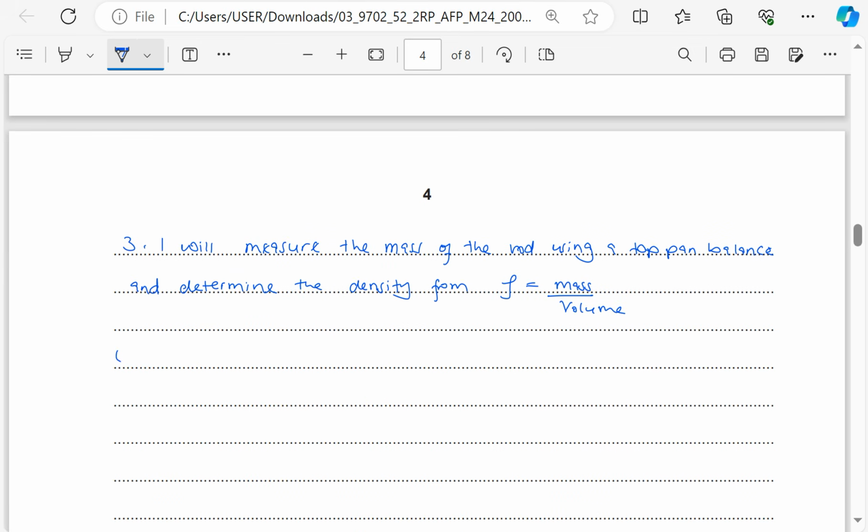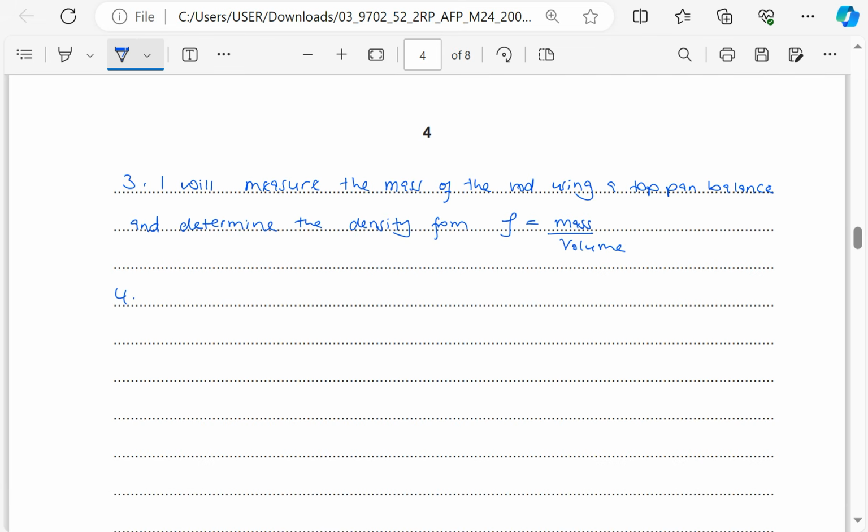Then step number 4, of course, I'm now going to assemble the apparatus as shown in the diagram.